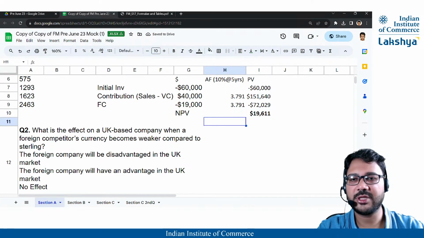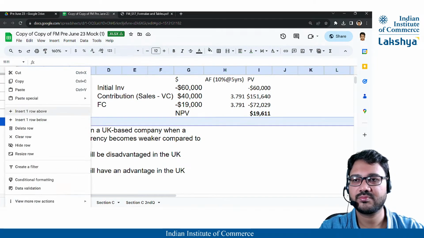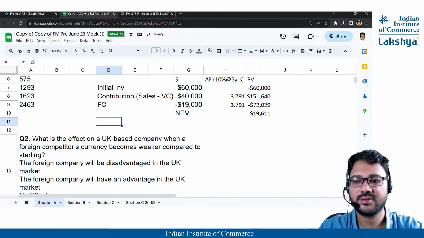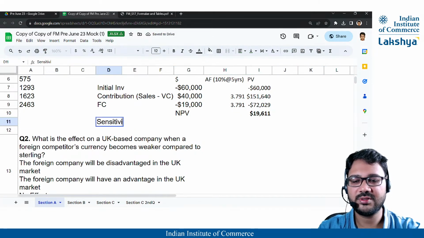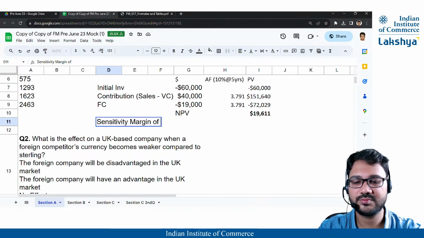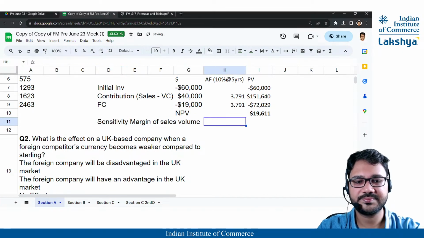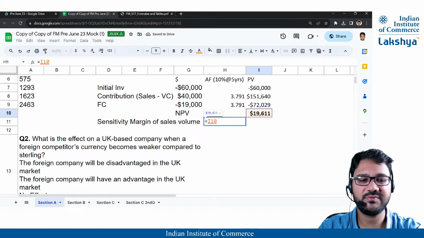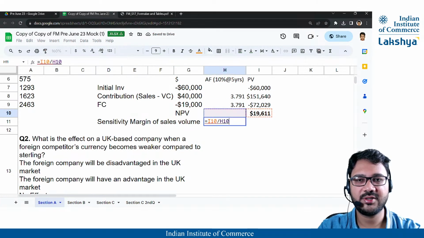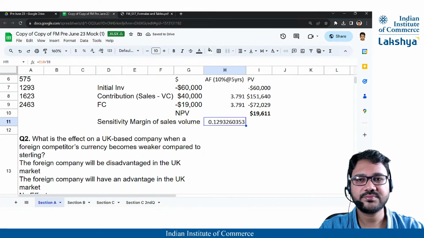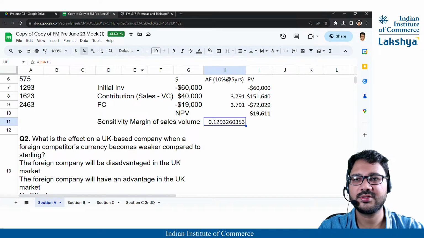So sensitivity margin. Okay. Sensitivity margin of volume will be equal to NPV divided by the PV of the relevant cash flow, which is our contribution. This is a percentage.